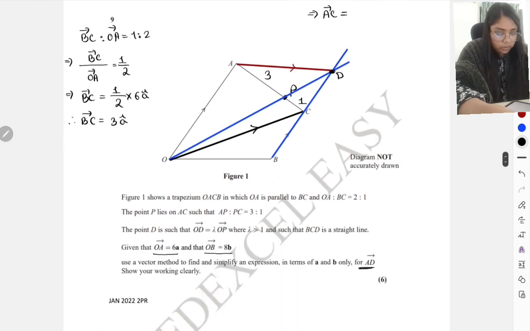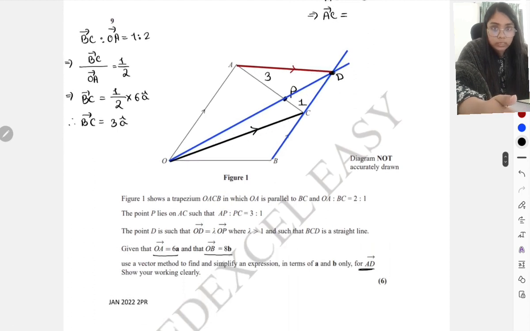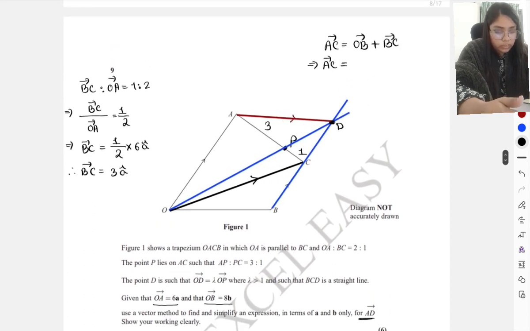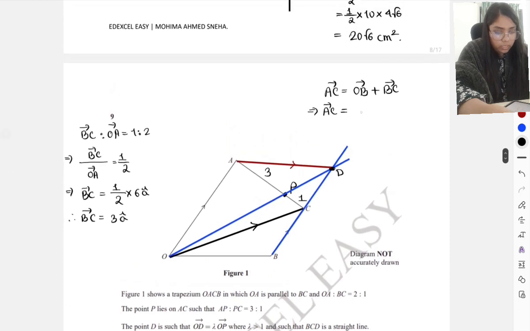OB was 8B and BC was 3A. So you have 8B, so OB and BC, then plus 3A. So you have a length for AC again.